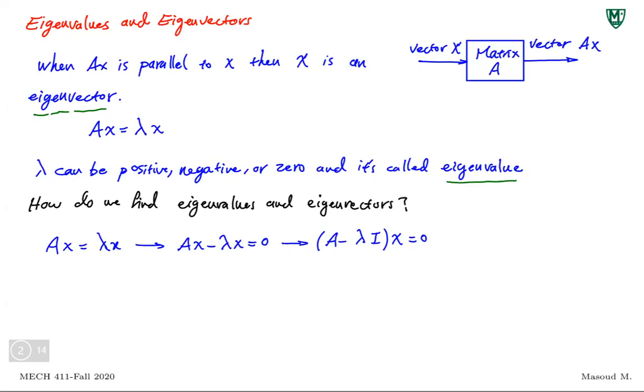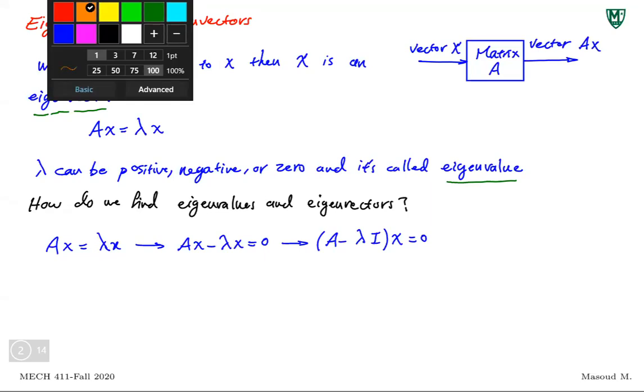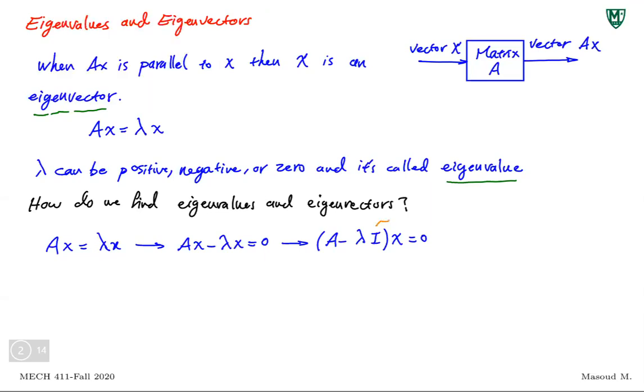It can be 2 by 2, 3 by 3, 4 by 4, 5 by 5. To make this work, I'll say minus lambda I, with I being the identity matrix.